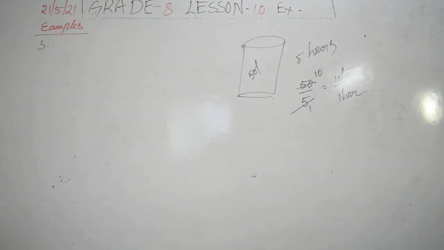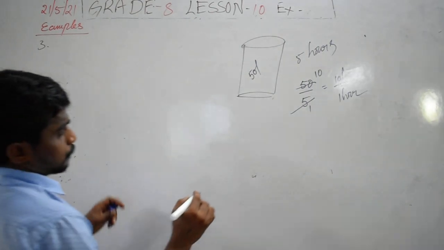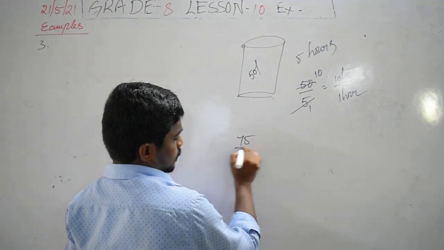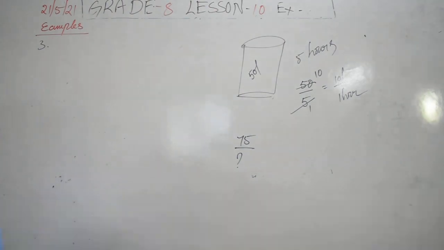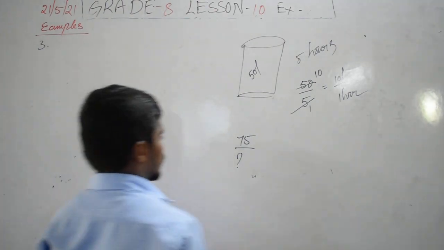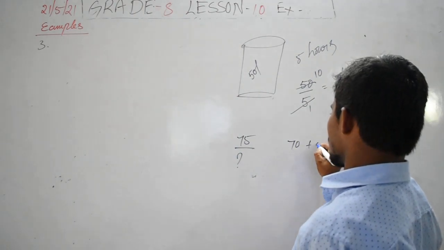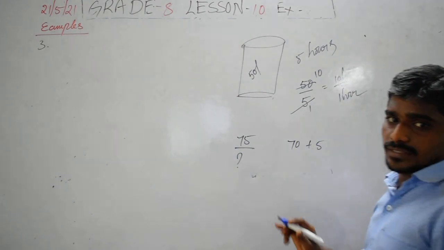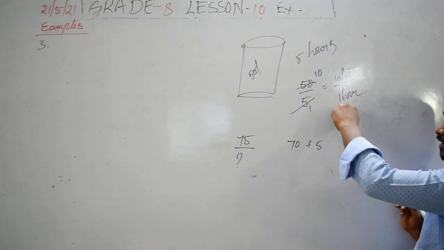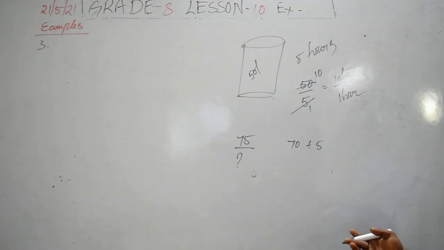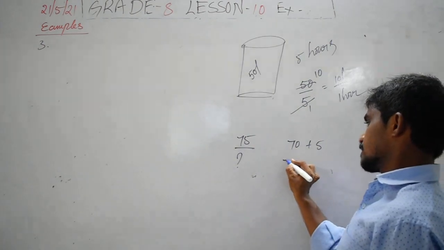Next they are asking about 75 liters. How many hours will it take? Now we can easily say, 70 plus 5 is 75. 1 hour is 10 liters, so 70 liters takes 7 hours.